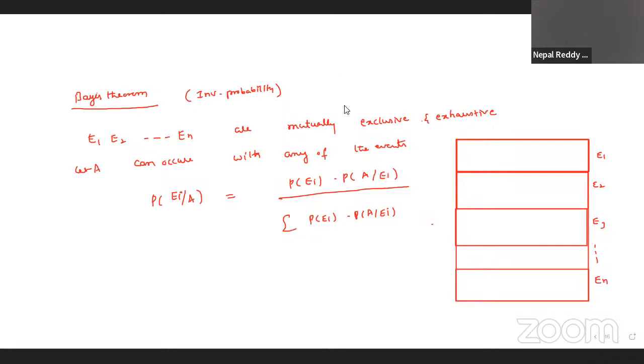And assume that A be any event, capital A. Next, probability of Ei can be written as probability of Ei when it is given A. That is, finally we have favorable outcomes in the numerator, total outcomes in the denominator part.